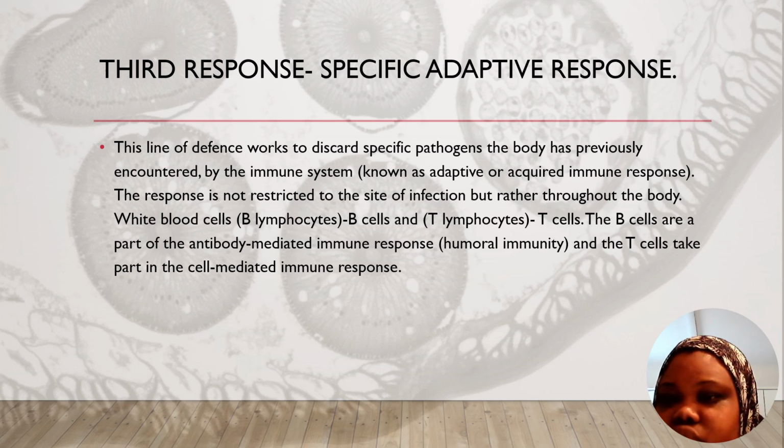Complement proteins trigger our inflammatory response, which leads to the accumulation of white blood cells at the site of infection. If it is cell-mediated immunity, T cells are activated when they encounter antigen-presenting cells.